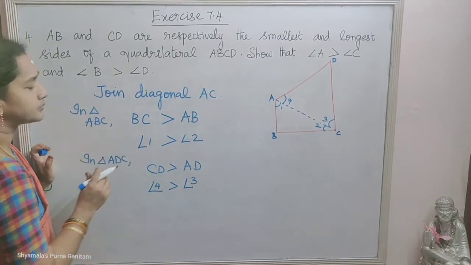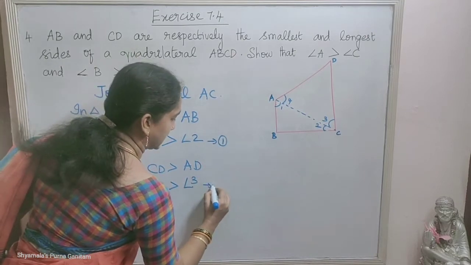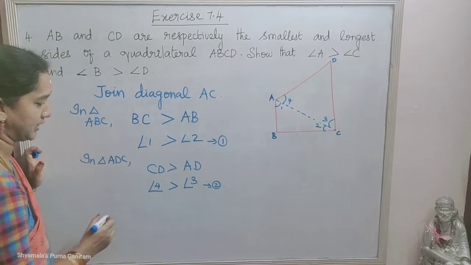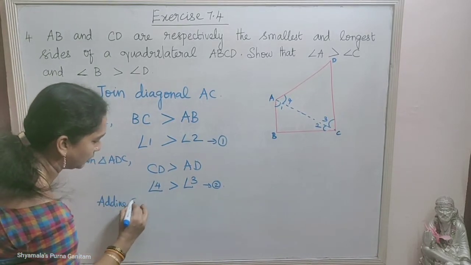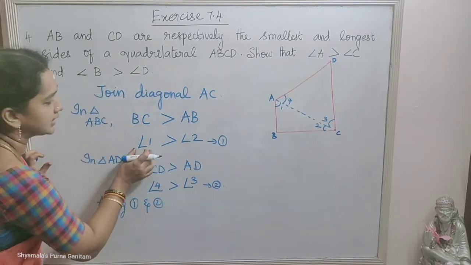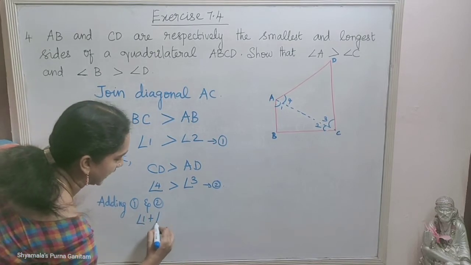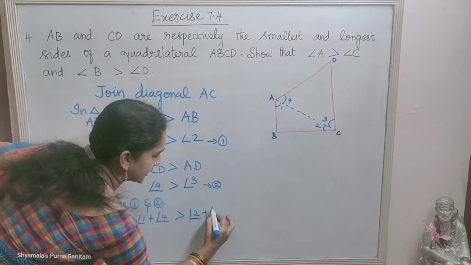Now, when you add the first statement and the second statement, we get on the LHS angle 1 plus angle 4 is greater than angle 2 plus angle 3.